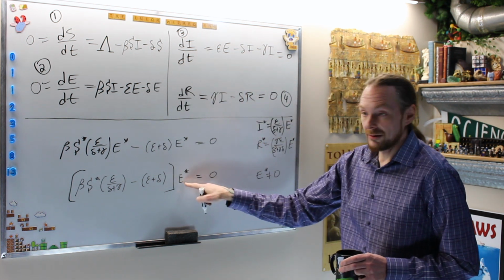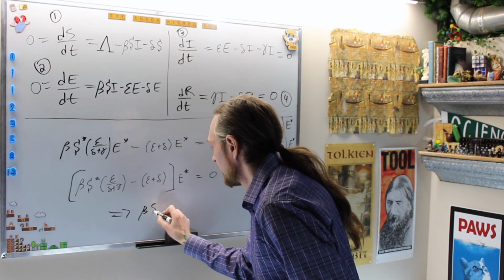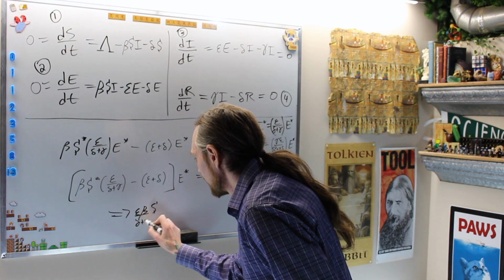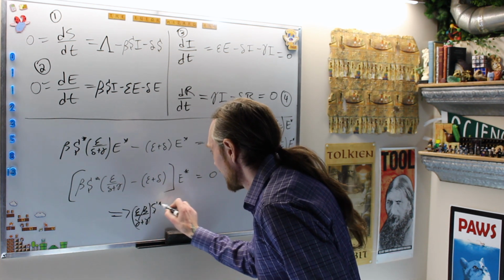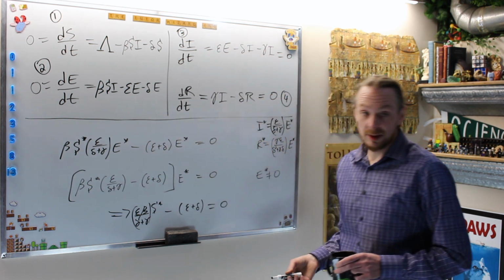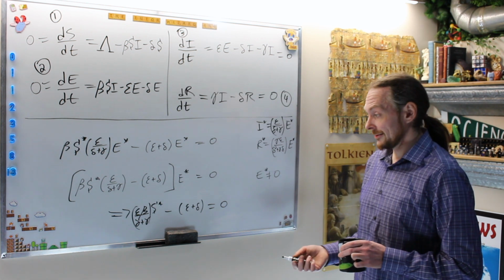And he's not 0, so this has to be 0. That's epsilon beta over delta plus gamma S star minus epsilon plus delta has to equal 0. We're closing in, we almost have S star, and then everybody else depends on those guys.